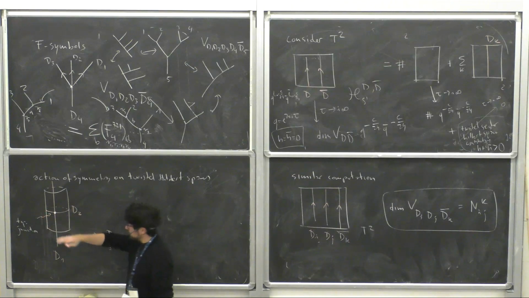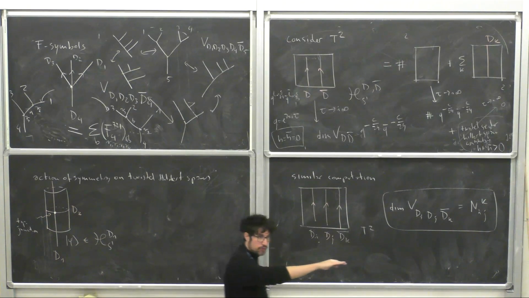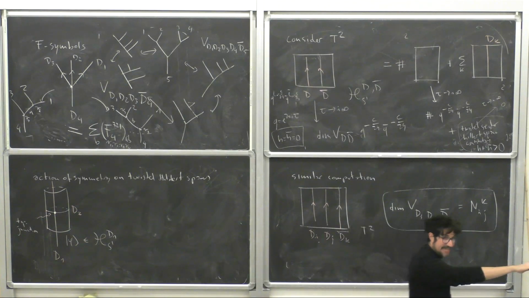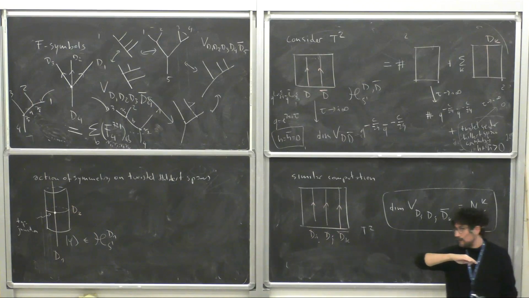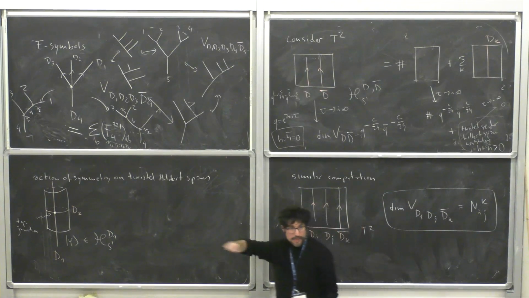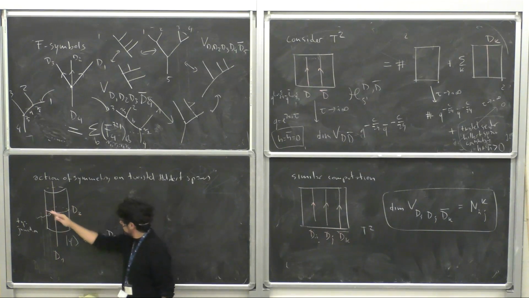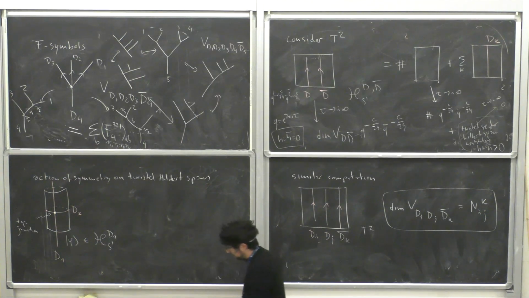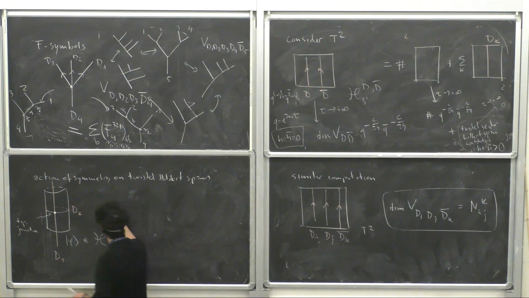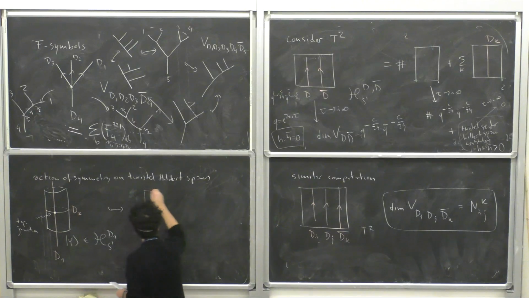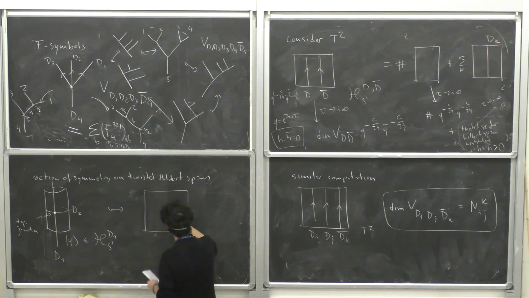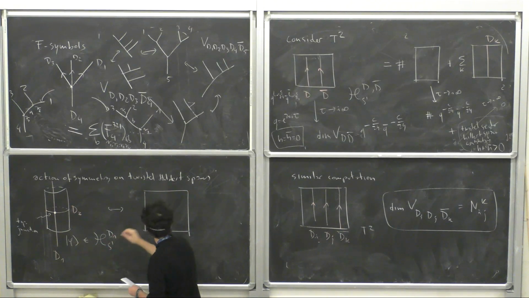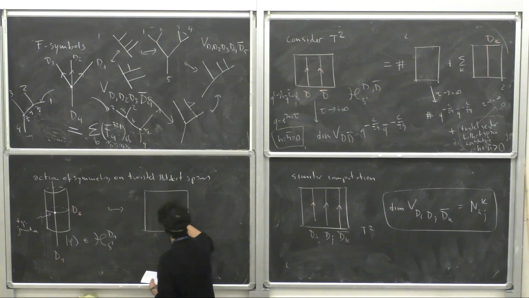So when we want to act with our topological lines on the states in the twisted Hilbert space, we just insert it horizontally along space. When we want to twist the Hilbert space, we insert it vertically. So if we go in the plane, that state becomes an operator inserted at the origin, which is a twisted operator, so it is attached to a line.